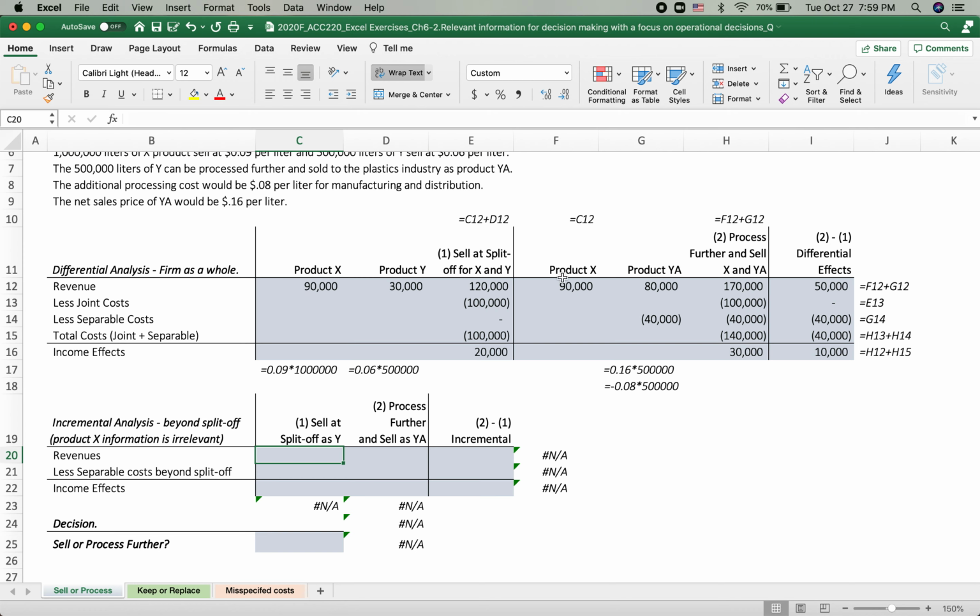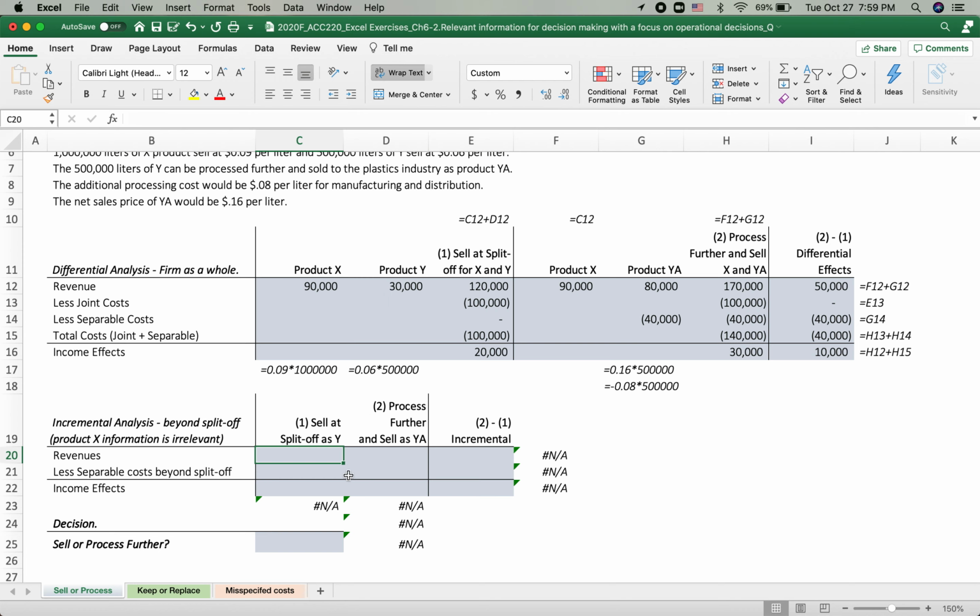Why? Because it's irrelevant. No matter what option we choose, the production X doesn't change. Product X doesn't change. So we just ignore this product X. Instead, we just started from these two cases of Y, producing product Y and product YA.